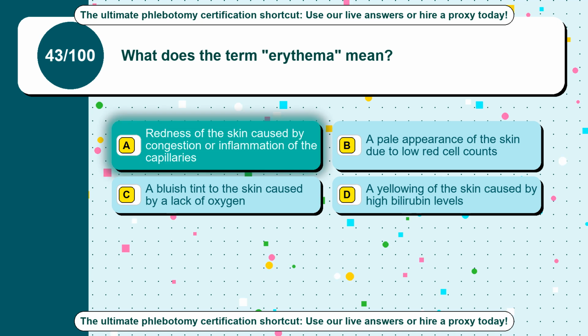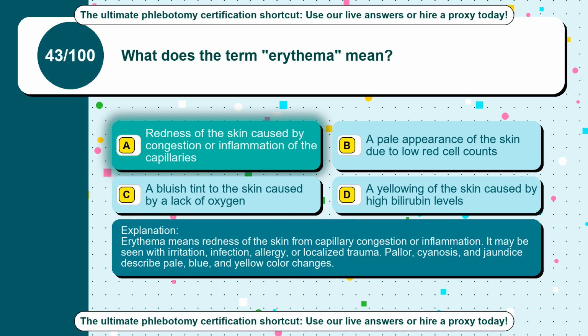The correct answer is option A. Erythema means redness of the skin from capillary congestion or inflammation. It may be seen with irritation, infection, allergy, or localized trauma. Pallor, cyanosis, and jaundice describe pale, blue, and yellow color changes.